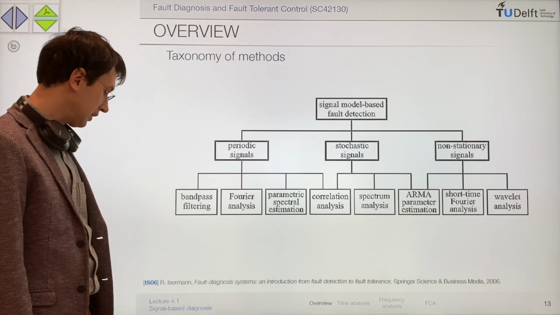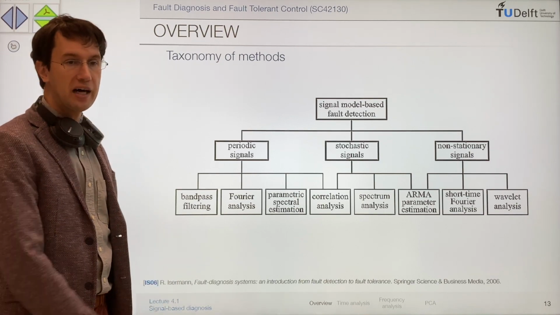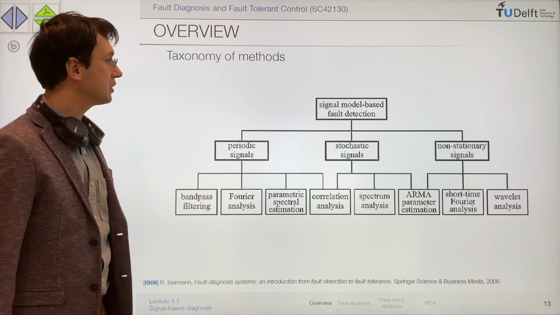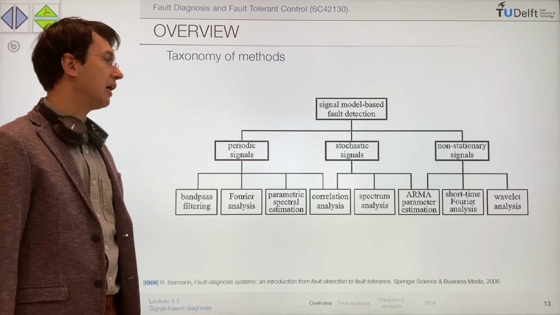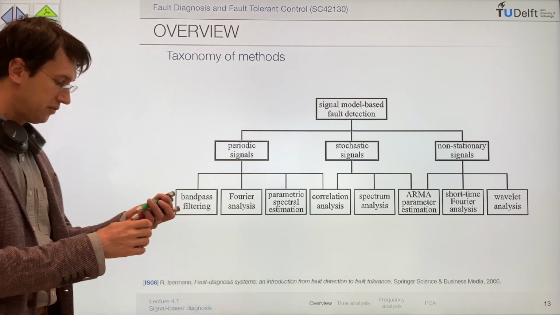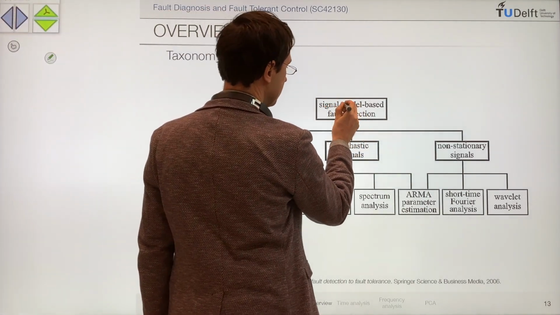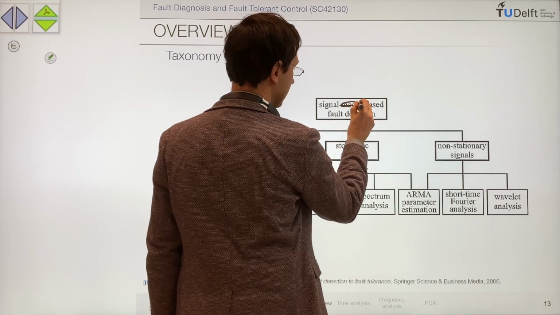So if you look on the book by Iserman, you can find this figure that is a taxonomy of signal and model-based fault detection. Well, actually, this is really funny how they call it, because I would say this is a taxonomy of signal-based fault detection.